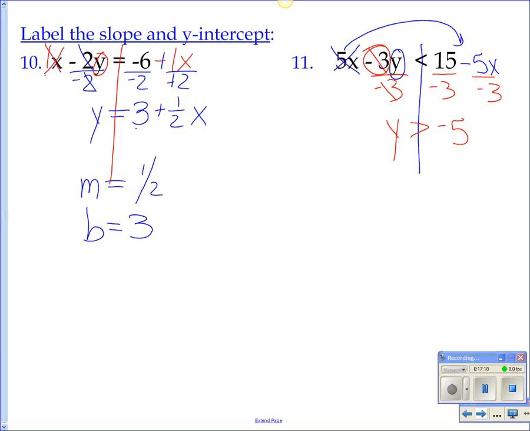Allison, -5 divided by -3. Drop down your x. Okay. Dylan, what's your m? Ethan H, what's your b? -5. Okay.